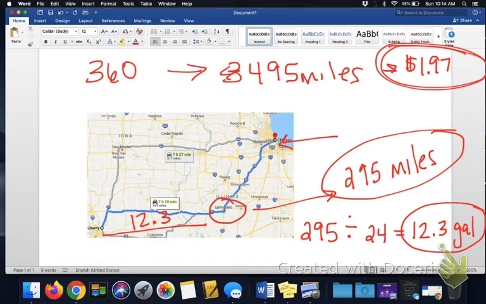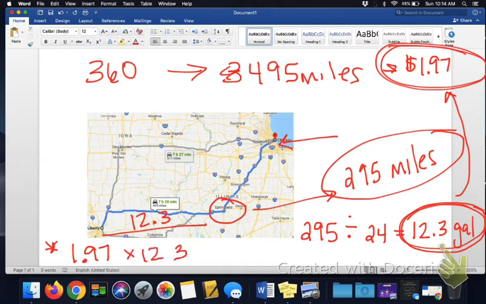If I'm trying to buy 12 3/10 gallons of gas at a cost of $1.97, I'm going to multiply those two numbers together. So I need to take $1.97 and multiply that by 12 3/10. So paper, pencil, or use your calculator. Multiply those two things.